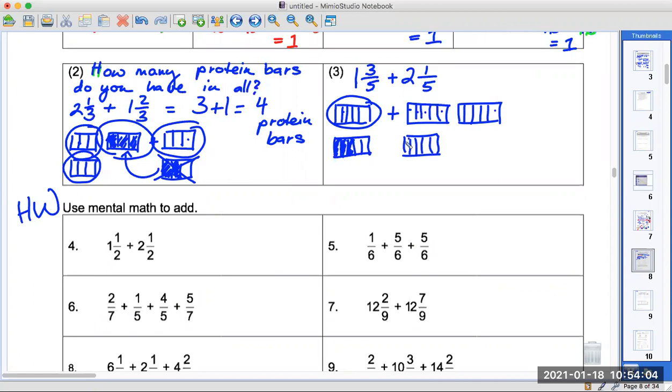My equal parts, I'm having 1/5. 1 out of 5 parts is shaded. Okay, so I have 1 whole 1, 2 whole 1, 3 whole 1, and then this is the part plus this part. I'm going to stick this part over here and forget that one. So how many parts do I have? 1, 2, 3, 4 out of 5.